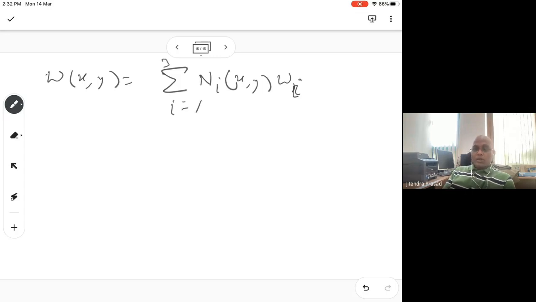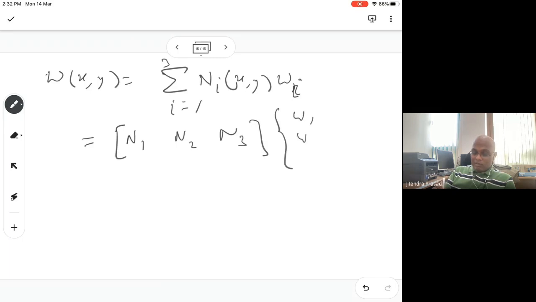So finally, if you put these values in the original equation, then what do you get? You can write it as N1 N2 N3 times W1 W2 W3, right?